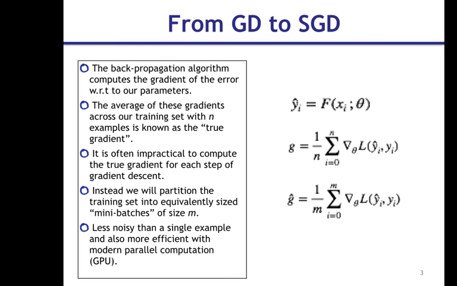This is a non-convex optimization problem. So basically, in practice, especially when you have very large data sets, it's not really practical to do backpropagation for each update over the whole set of training examples.